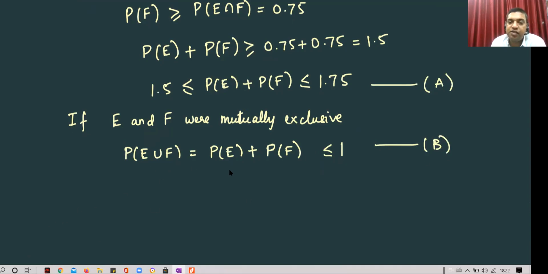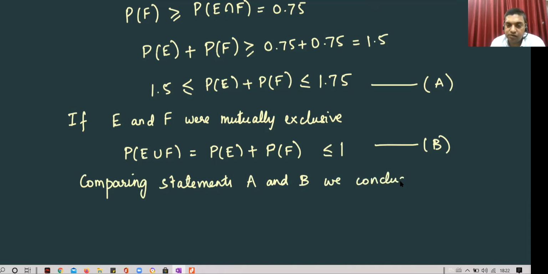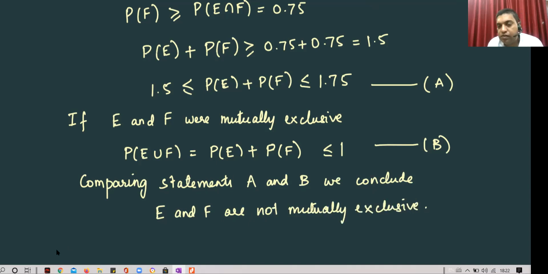So comparing statements A and B, we conclude what? E and F are not mutually exclusive. Got it?